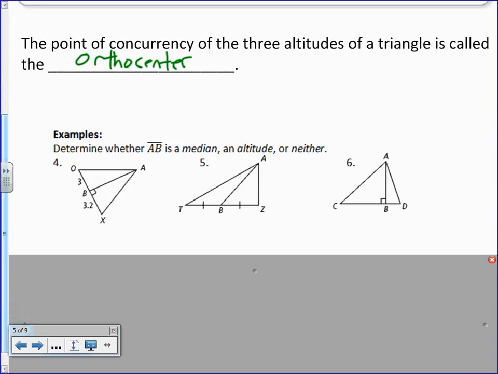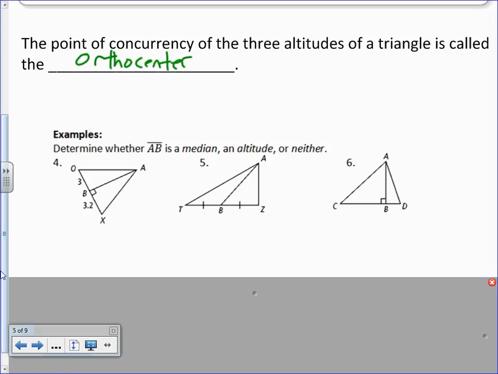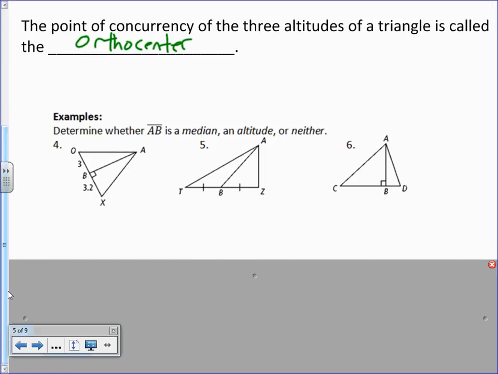All right, let's work with that theorem a little bit. Determine whether AB is a median, an altitude, or neither. So far we've been working with medians and altitudes and where they intersect. So if it's a median, altitude, or neither. Remember, medians go from the vertex to the midpoint of the opposite side, and the altitude is essentially the height.